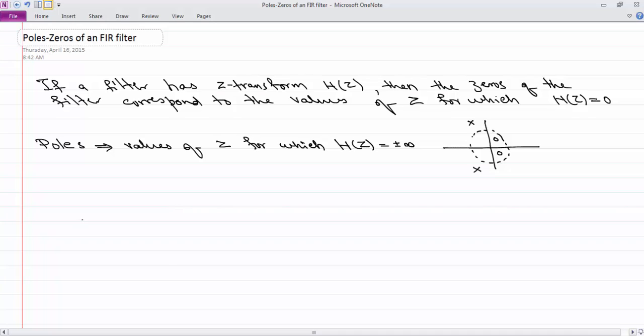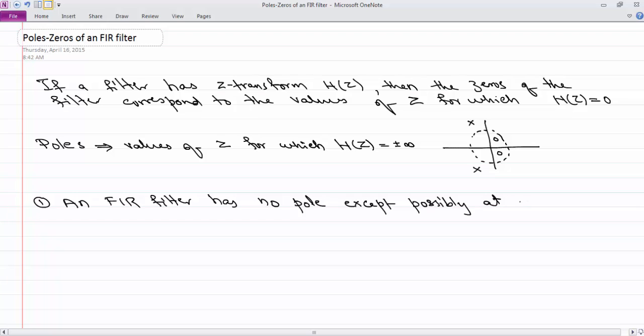So for example, the first thing is that an FIR filter has no pole except possibly at Z equal to 0 at the origin or Z equal to infinity. An FIR filter has no other pole in the plane except at the origin and at infinity. So how do we show that?